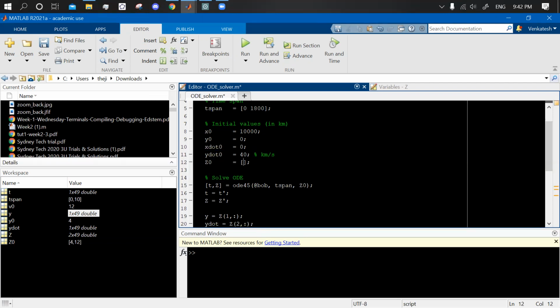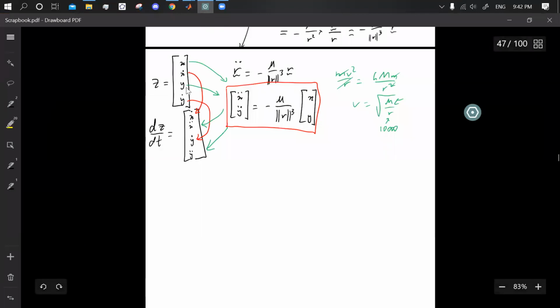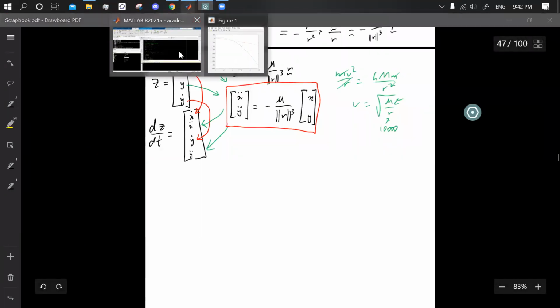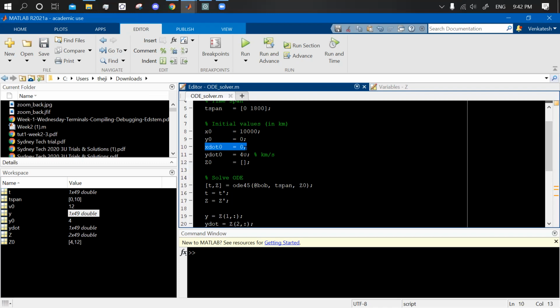Okay, so that means our initial state is x naught, y naught, x dot naught, y dot. No, sorry, the way I did it is x, x dot, y, y dot. So let's follow that same order. Looks better.